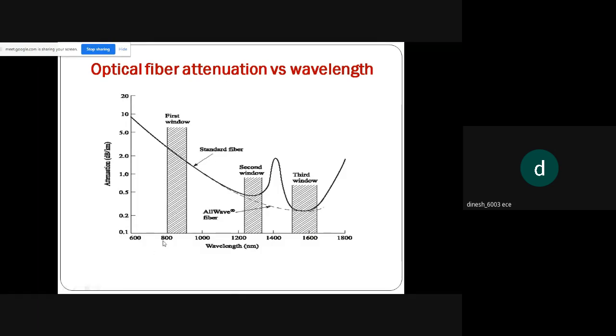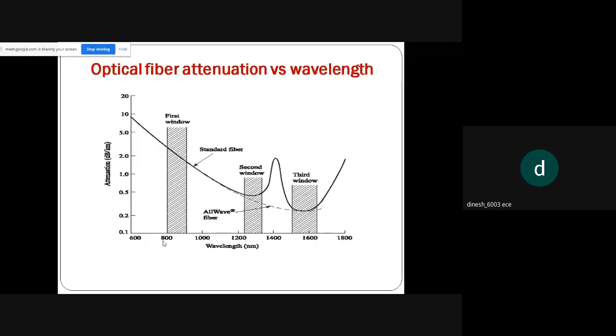The first window comes under the first evolution of optical fibers. The first window system came in during the 1970s, as we had seen in the generation or evolution of optical fiber.